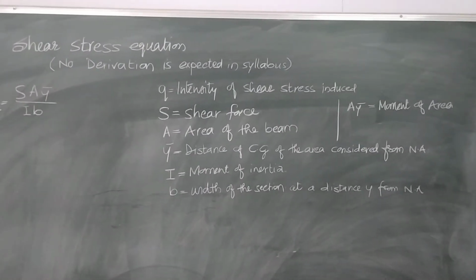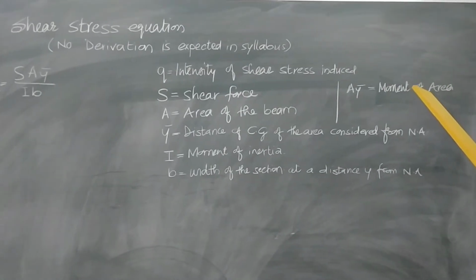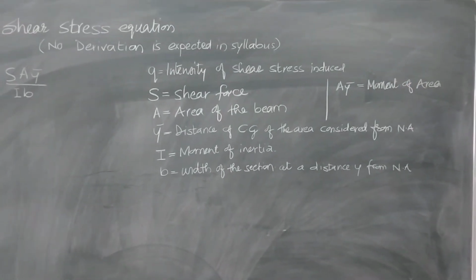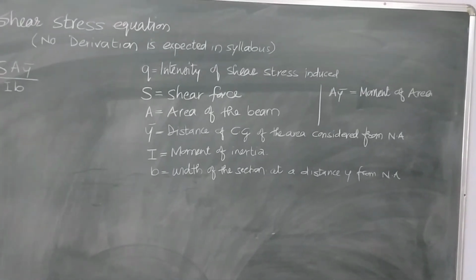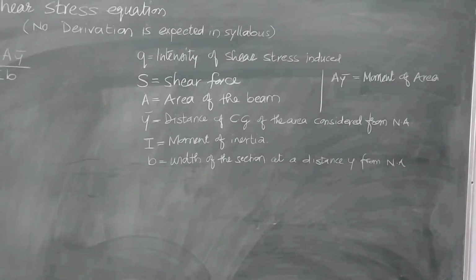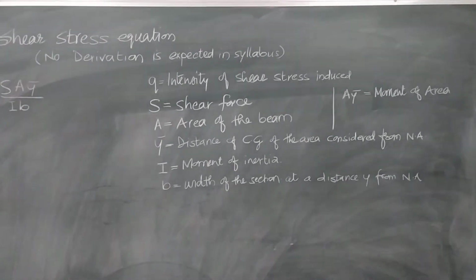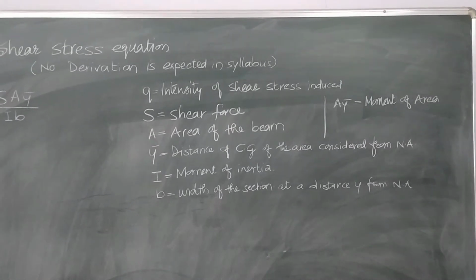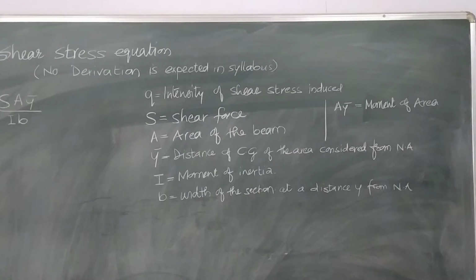This product A y bar is known as moment of area. Y bar is the distance of CG of the area considered from neutral axis, it is y bar. We have studied this in shear force and bending moment diagram. It is expressed in mm or meter.